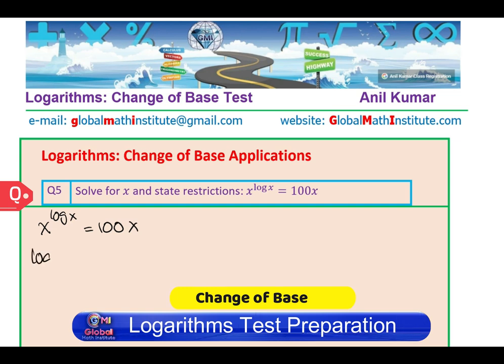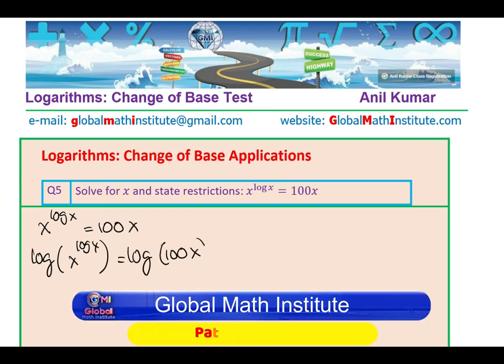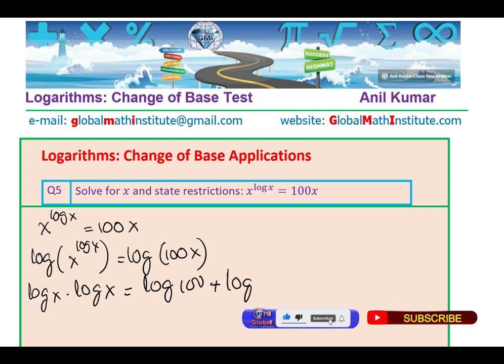So we'll take log of x to the power of log x equals log of 100x, correct? Apply the power rule, which will give us log x times log x, right? Equals log 100 plus log x, correct?